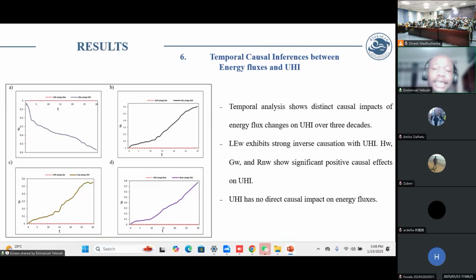However, UHI, as I said earlier, does not have any direct causal relationship with these energy balance components, because the availability of UHI does not influence the availability of these components.